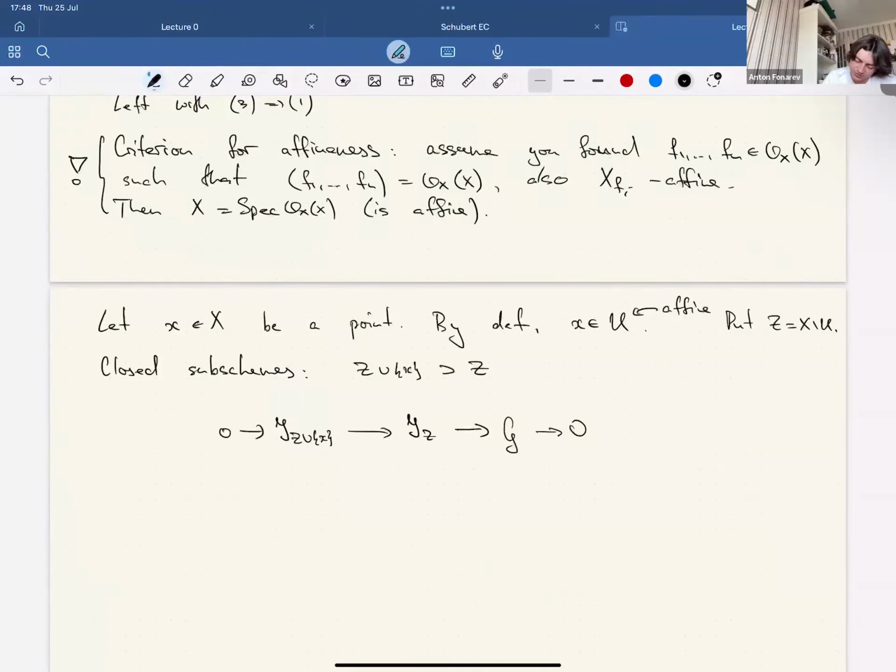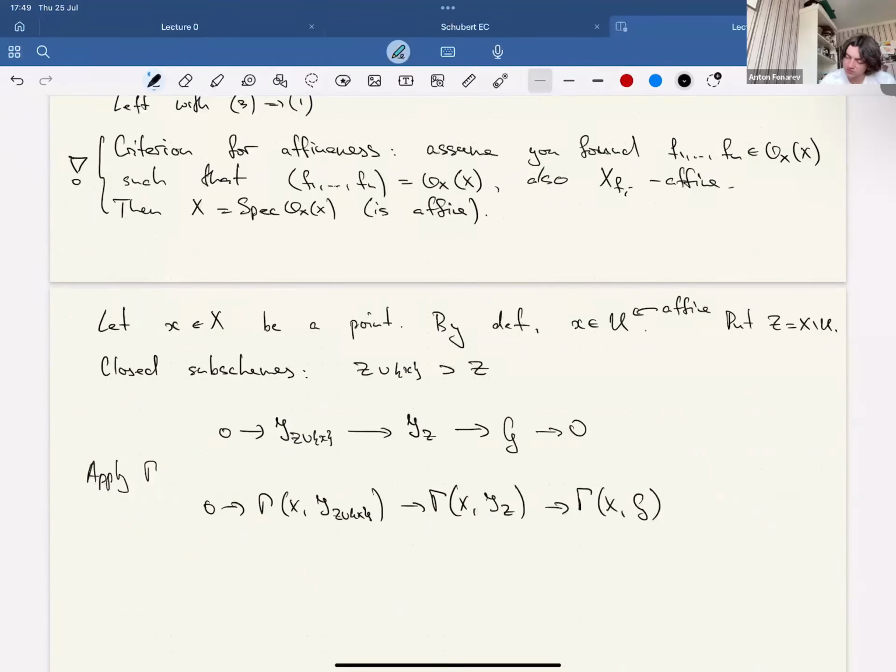Let's apply global sections, apply gamma. We have global sections on X of I, Z union X; global sections on X of I, Z; and global sections on X of G. And then what do we get here?